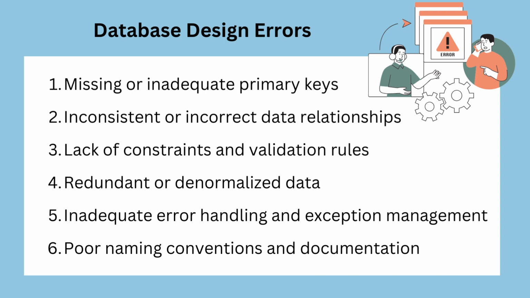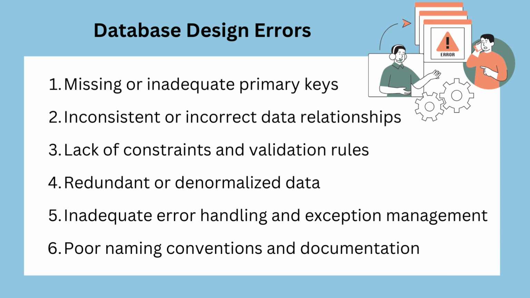Number four is redundant or denormalized data. Redundancy occurs when the same data is stored in multiple places, leading to data inconsistency if updates are not correctly propagated for all the places. So, one place might have new data, the other place might have the old data for the same criteria.